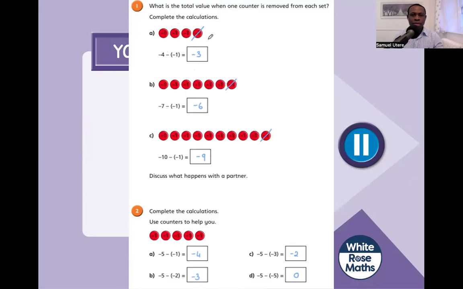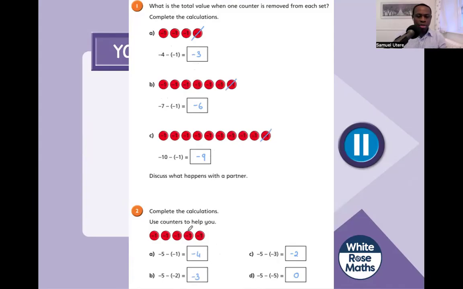That's how it is when you represent it as counters, but here is the mathematical way of writing it. This one is -7 subtract -1, and so on and so forth.